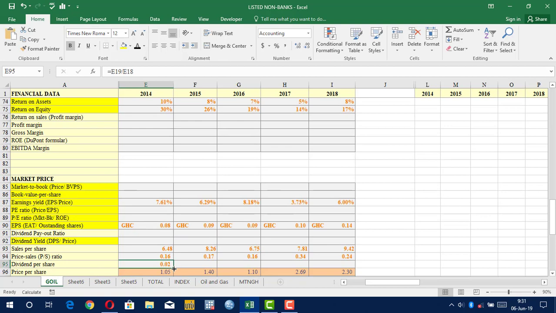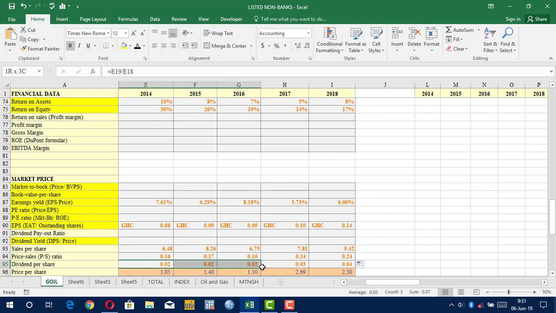So there we have it. That is our dividend per share. Over the years, you can see that the dividend per share has been very low: 2 pesos, 2 pesos, 2 pesos, 3 pesos, 4 pesos.